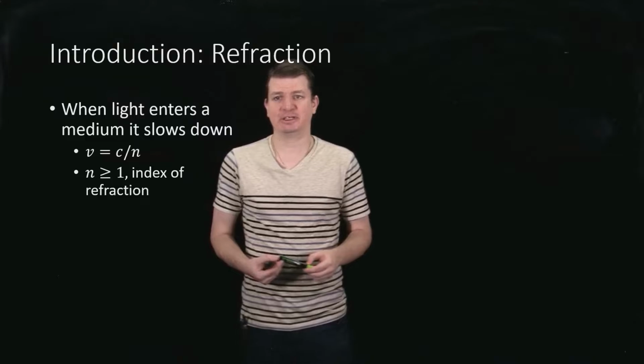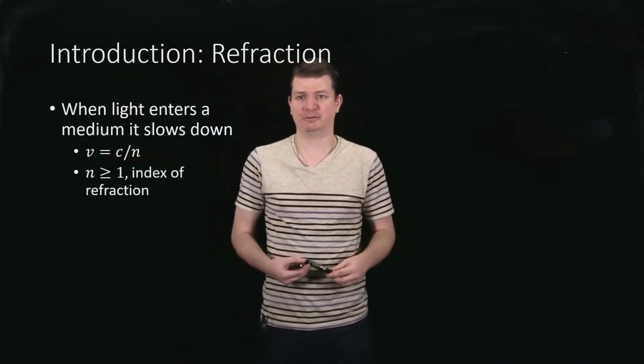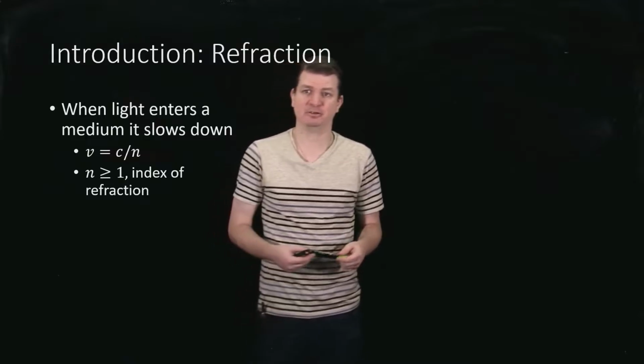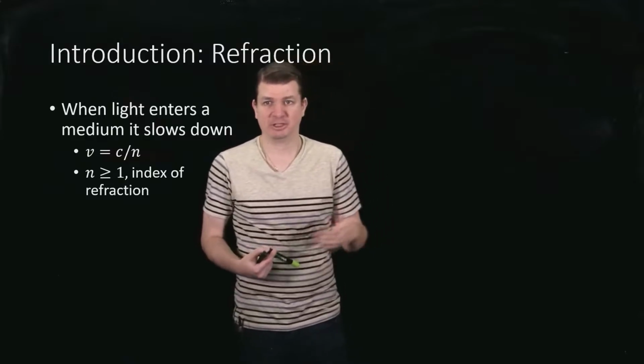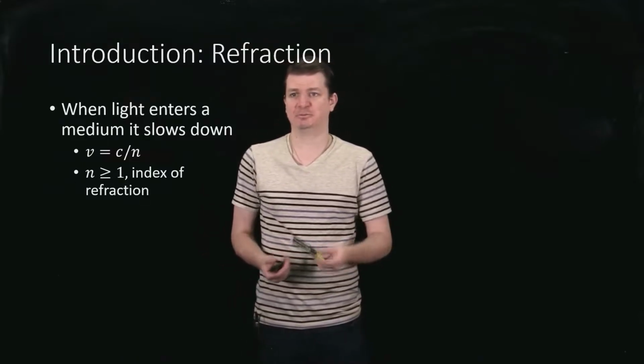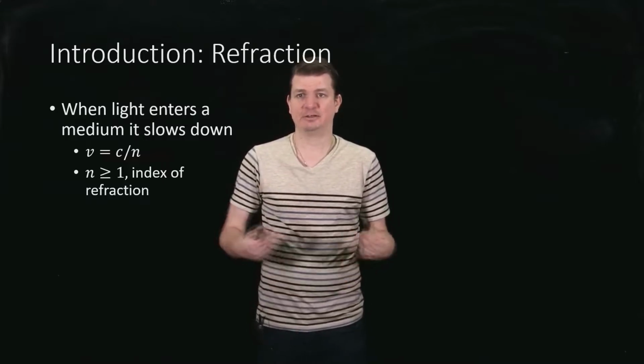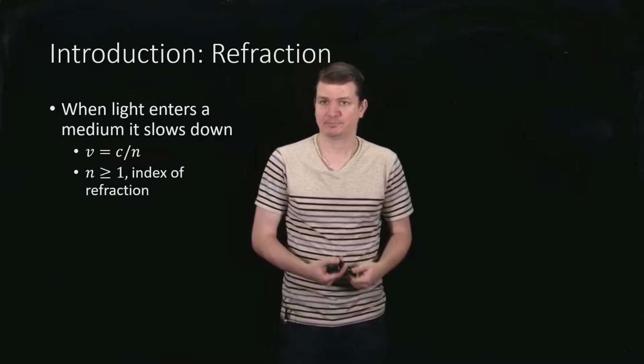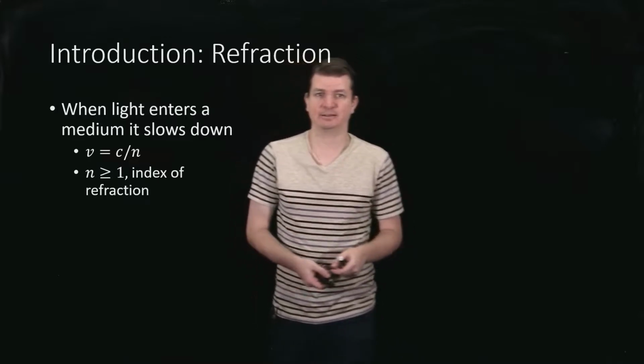Since everything has to slow down light compared to the vacuum, the index of refraction will always be greater than or equal to 1. It'll be equal to 1 for vacuum, because then v equals c, and when you put anything else there, the index of refraction will be greater than 1, as it's slowing that light down.